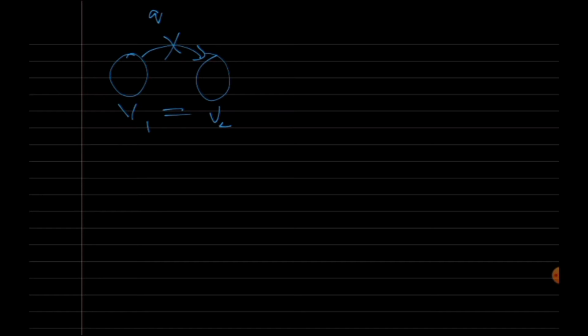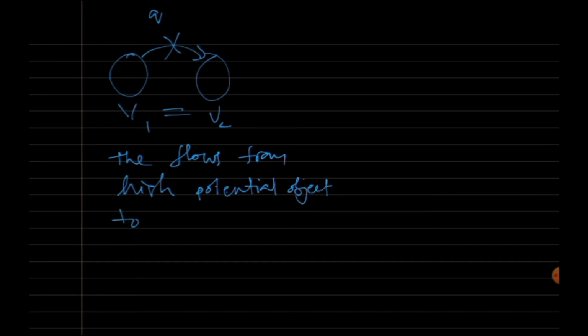So I would say the charge flows from the high potential object to the low potential object till the equilibrium is obtained.